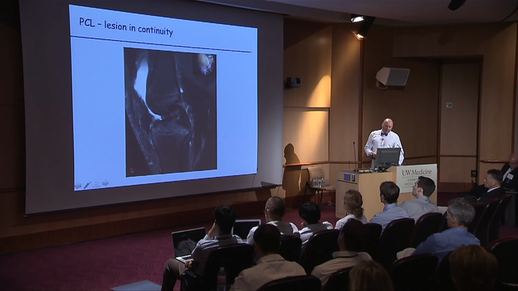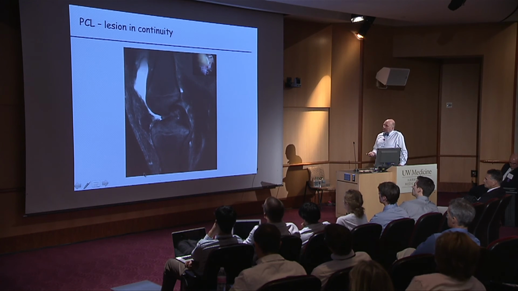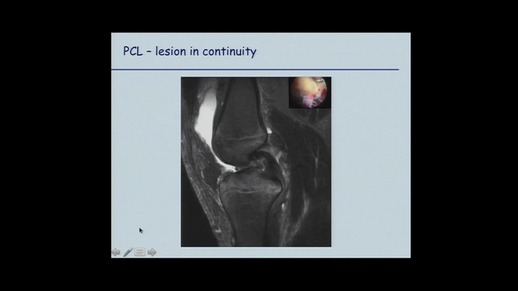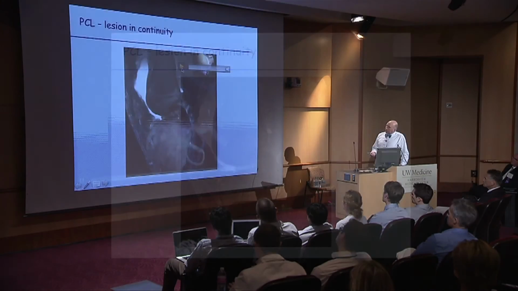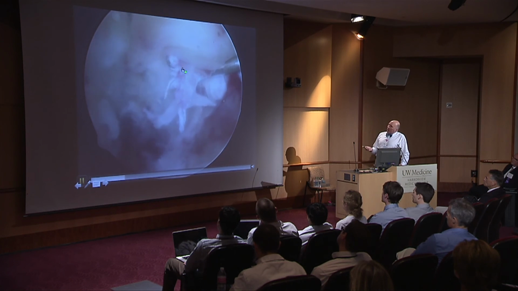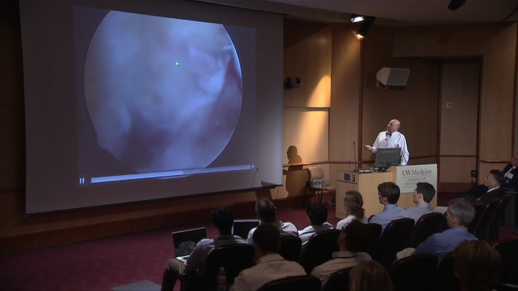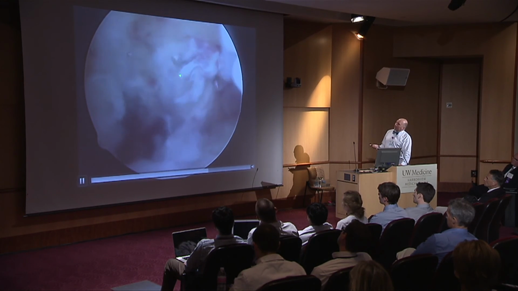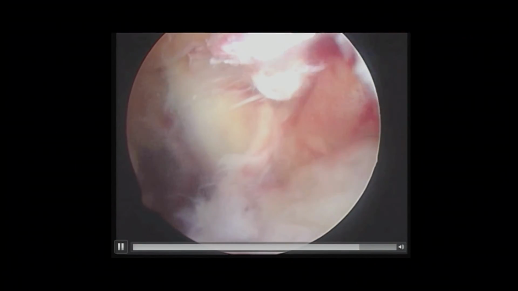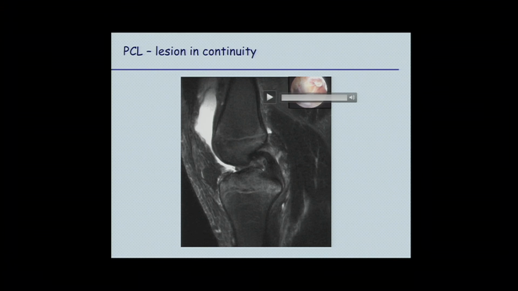So I just want to deal with some of the things that you see and begin to recognise. This is what I call a PCL lesion in continuity, where it's reported as showing some damage to the PCL. What you see is this overlying fatty coat on the posterior cruciate ligament, and this is the thing that's been injured. The underlying ligament itself isn't as severely injured, and in fact, when you clinically examine this patient, they have good stability, grade 1 instability, at 90 degrees of flexion.